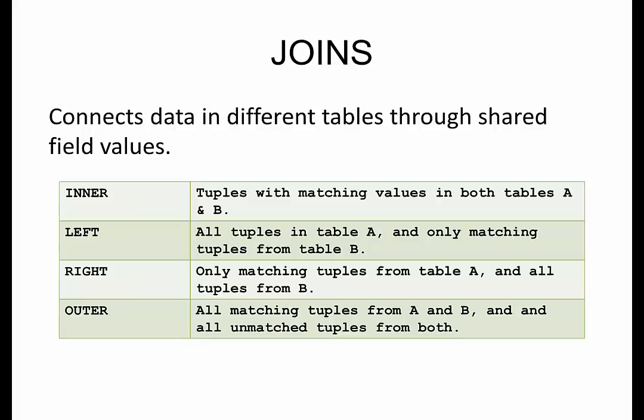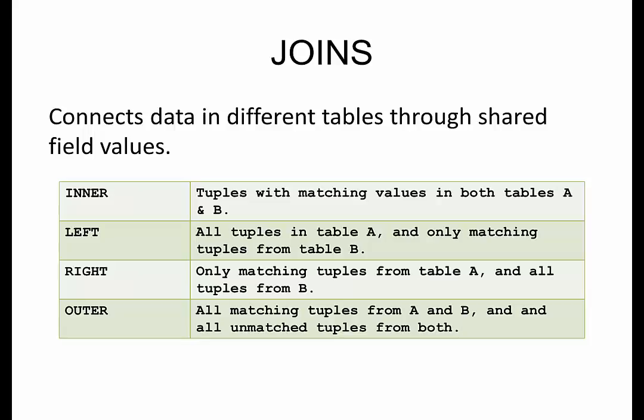So there are 4 types of join: inner, left, right, and outer, that do slightly different things. An inner join, as it says in the table there, returns tuples with matching values in both tables. So it's effectively an AND clause between the 2 tables.